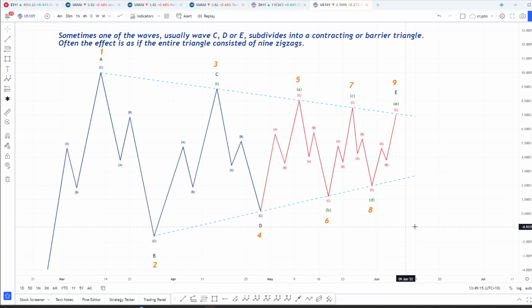So you can see here that if we count the zigzags out, 1, 2, 3, 4, 5, 6, 7, 8, 9, and that's because we have a contracting triangle that exists in the wave E position. Now, for presentation and neatness, I've used the AC and the BD trend lines to contain this contracting triangle, but you might find that it's actually much smaller within the ultimate trend lines.